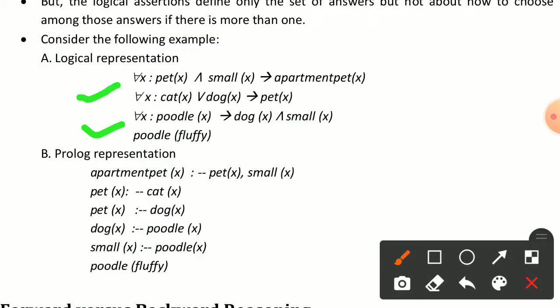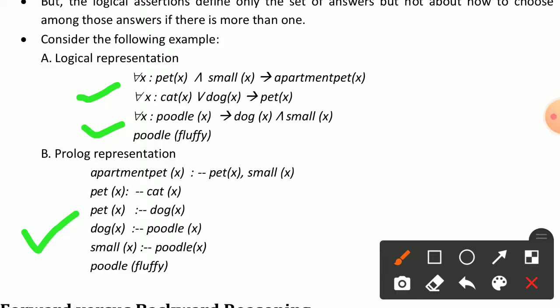Now second is the Prolog representation. In this representation we can write the sentence like this: apartment pet x if pet x comma small x. We can select a pet animal but it must be small. Now pet x if cat x, pet x if dog x, dog x if poodle x, and small x if poodle x, and poodle fluffy.